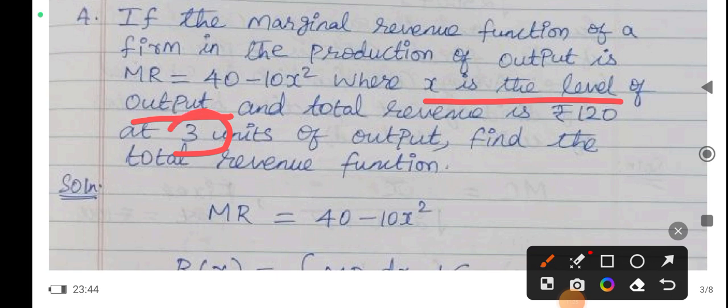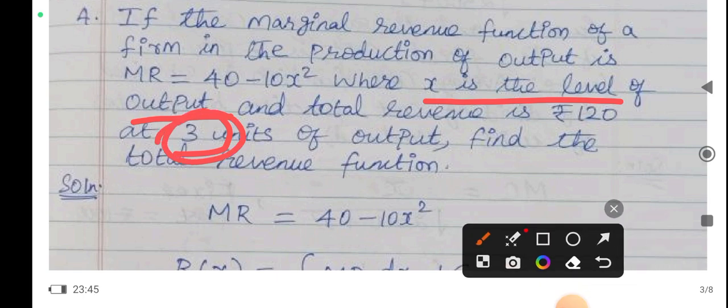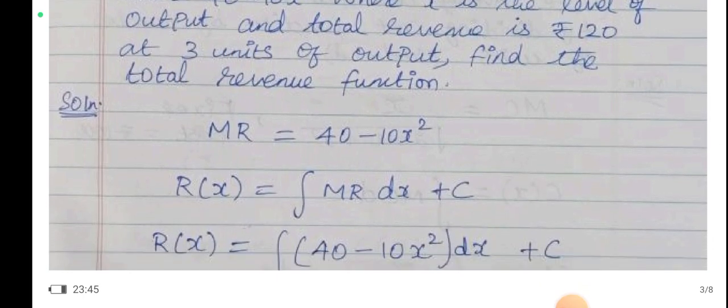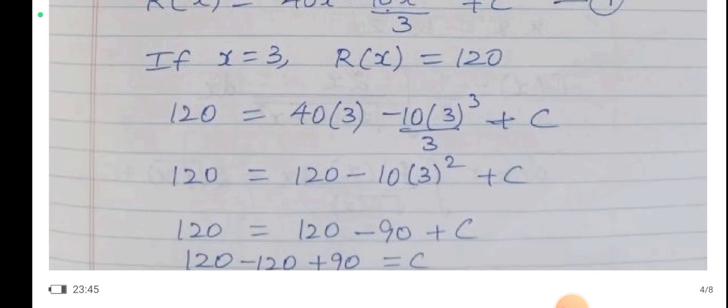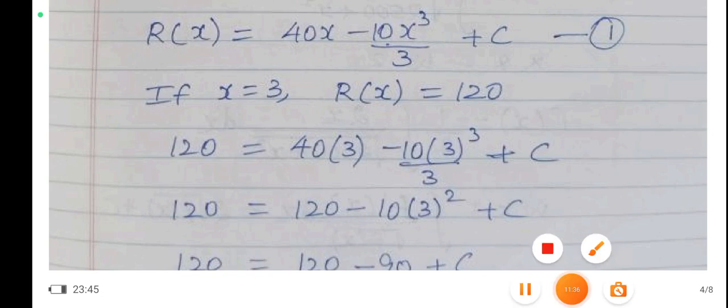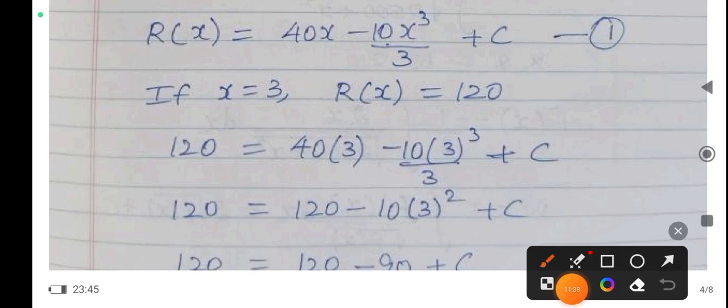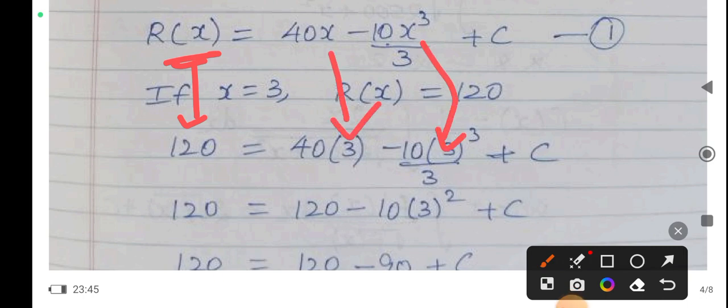So instead of x, what should you apply? 3. So instead of x, 3. Now total revenue is 120. Total revenue, here R of x. So x is 3, R of x is 120. Substitute here. R of x value 120. X here is 3: 40 into 3 minus 10 into 3 cube by 3 plus c. 40 times 3 is 120.